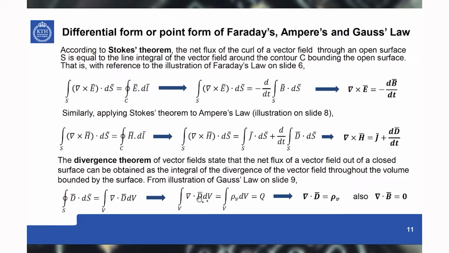So now equating these two and removing the volume integral, you see del dot D equal to rho V. So this is the point form of Gauss law. Rho V in its units is in coulombs per meter cube. Now similarly, you can find that del dot B equal to 0.